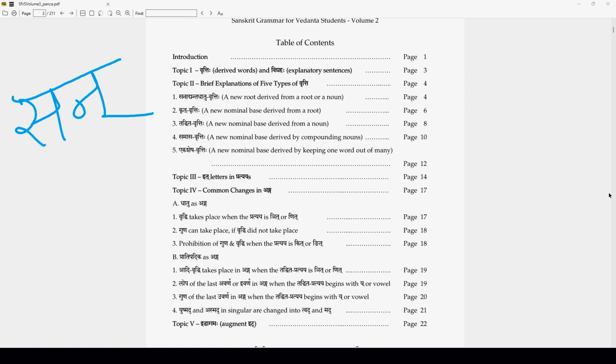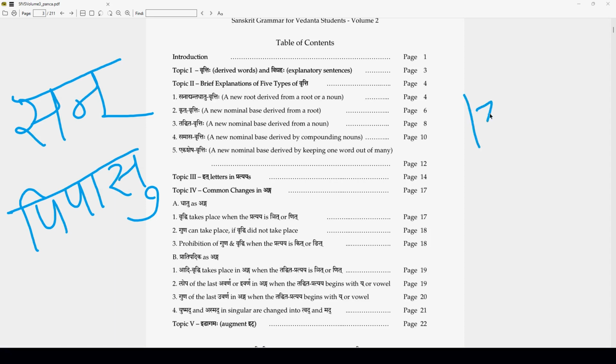Okay. Sun pratyaya, one of the famous examples for this is pipasa. Right? You know pipasa or pipasu. What is pipasu? Or jidnyasa?